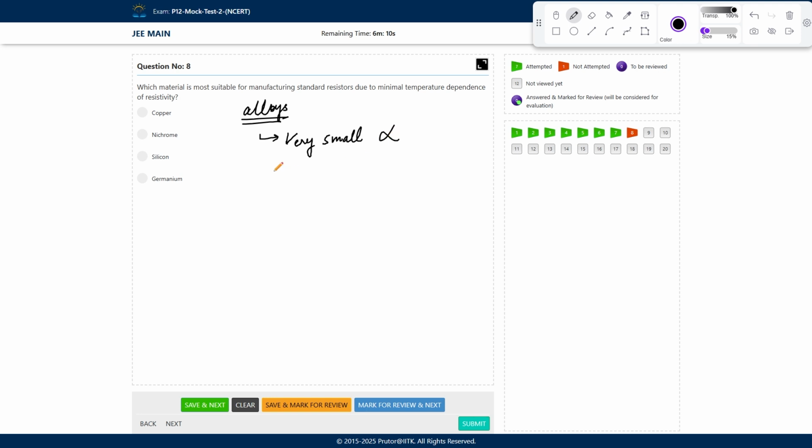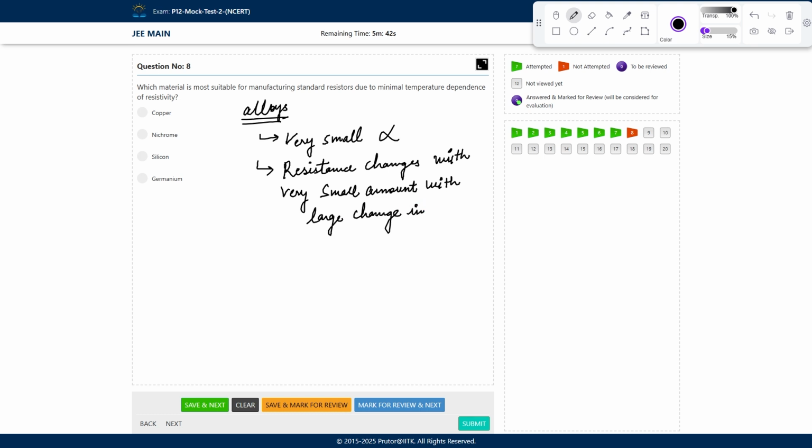It means that resistance changes with a very small amount with large change in temperature.